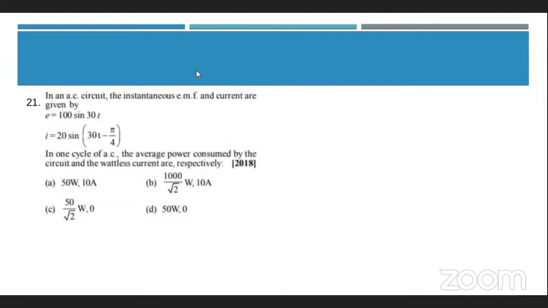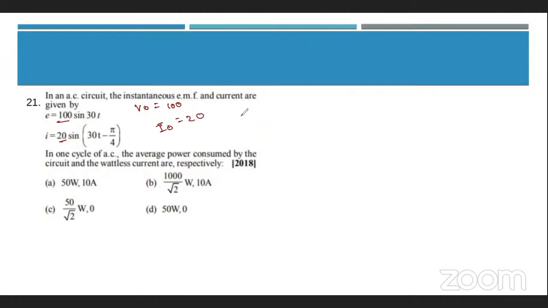Next one. So next one, we know that from here this is V naught and this is I naught. V naught is equal to 100 and I naught is equal to 20, with sine omega t.